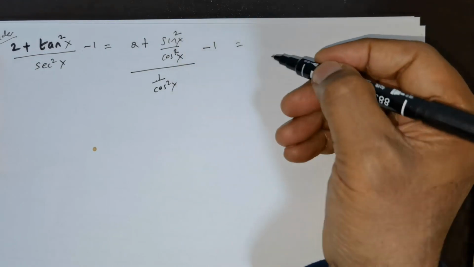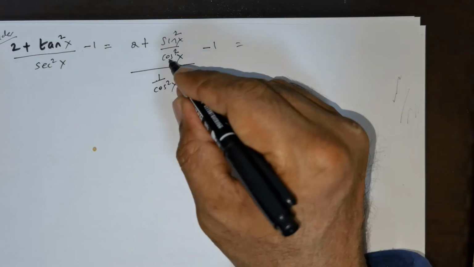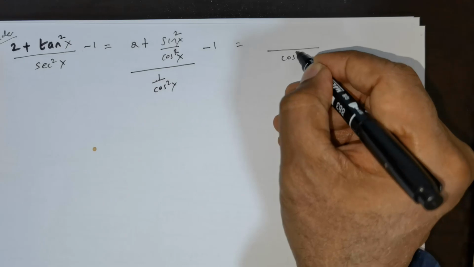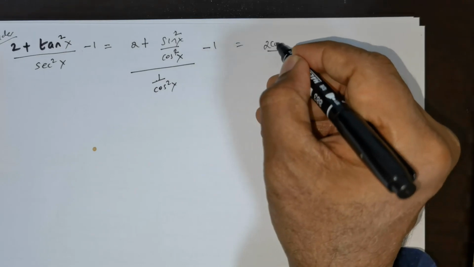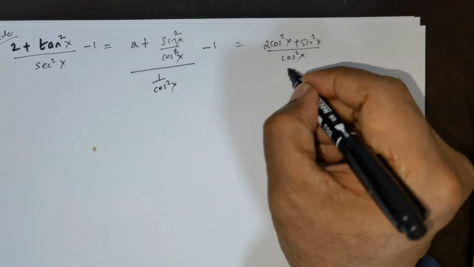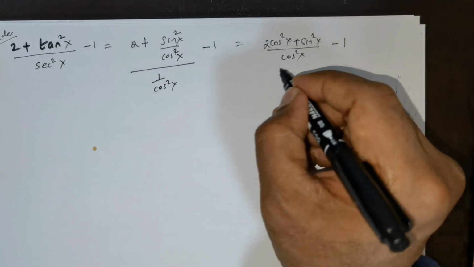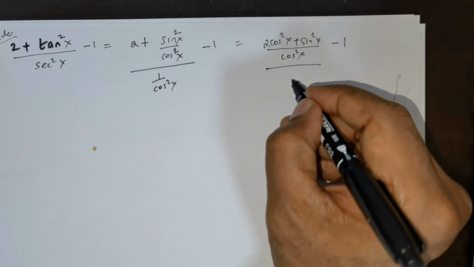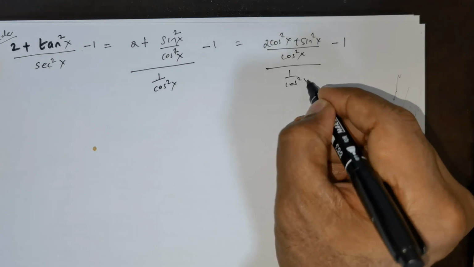So this can be rewritten. We can take cos squared x as the LCM, and that would give us 2 times cos squared x plus sin squared x followed by a minus 1 and divided by 1 over cos squared x.